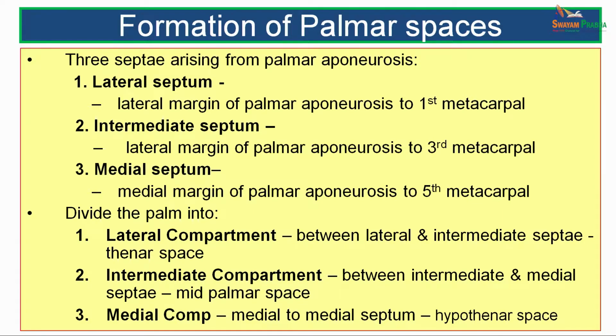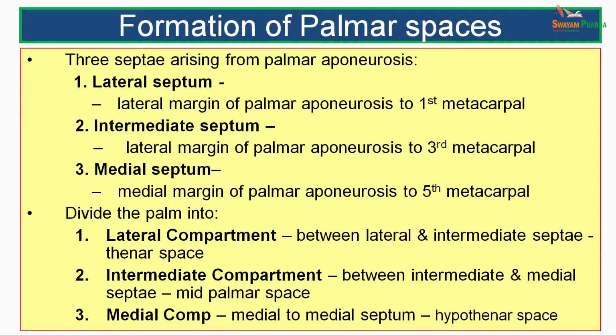The intermediate septum arises from the lateral margin of the palmar aponeurosis and gets attached to the third metacarpal, while the medial septum arises from the medial margin of the palmar aponeurosis and gets attached to the fifth metacarpal.